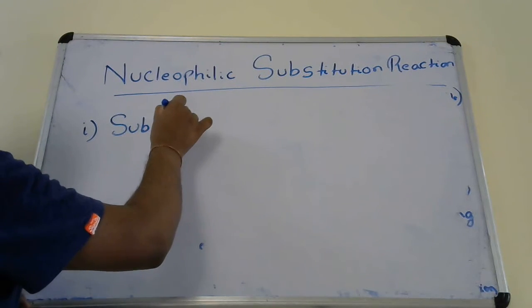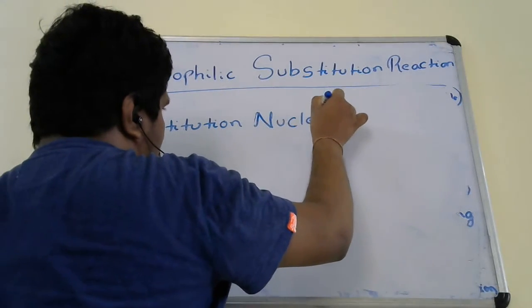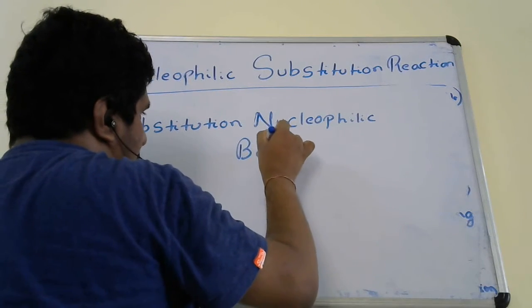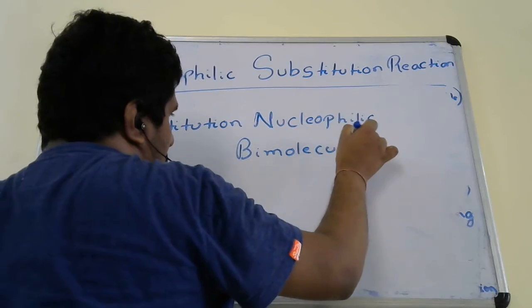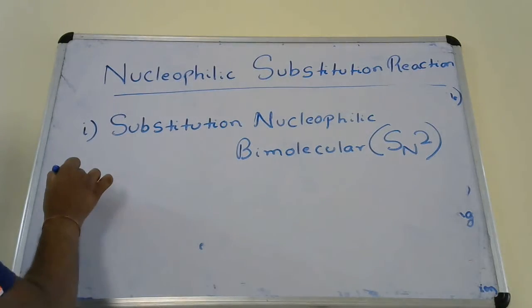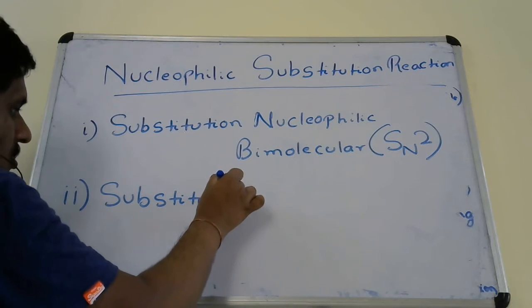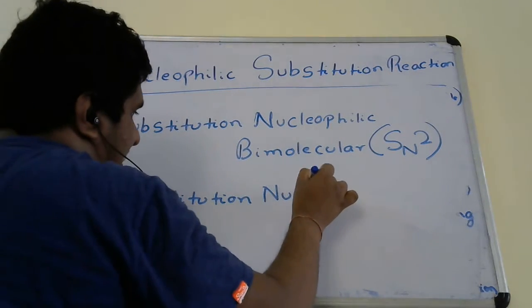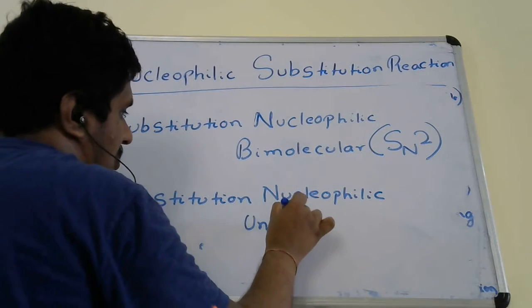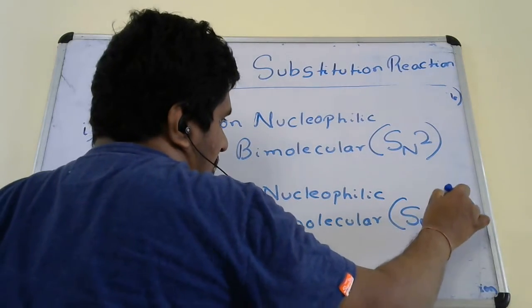Substitution nucleophilic bimolecular, the symbol is SN2, and substitution nucleophilic unimolecular, SN1.